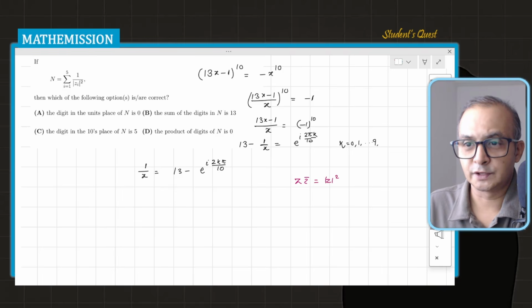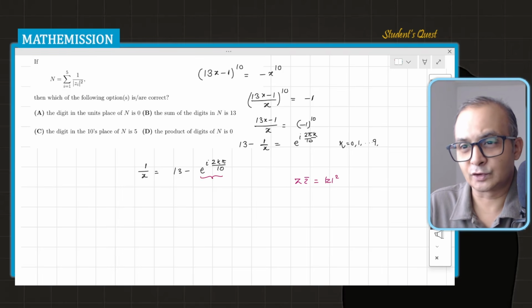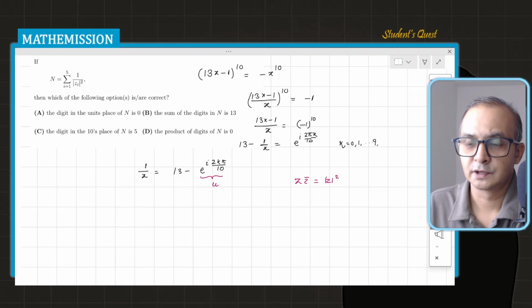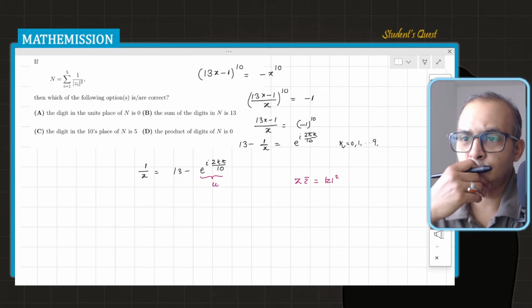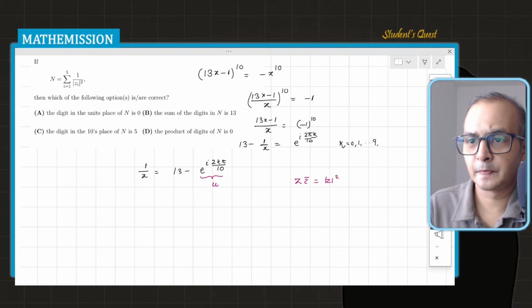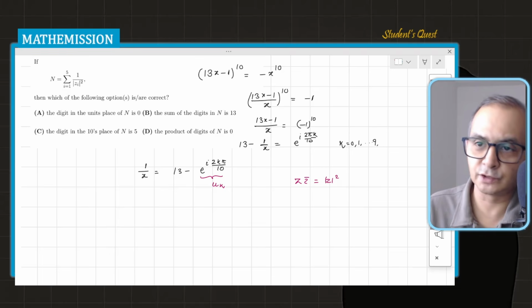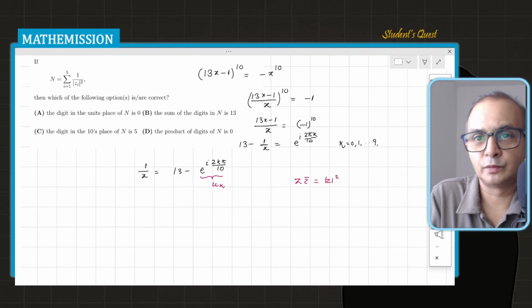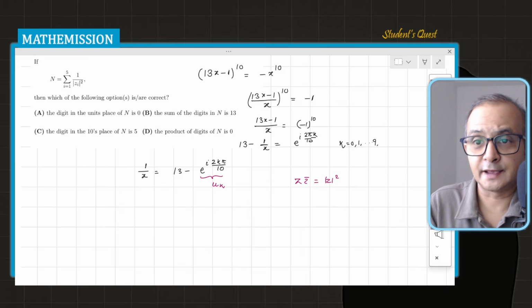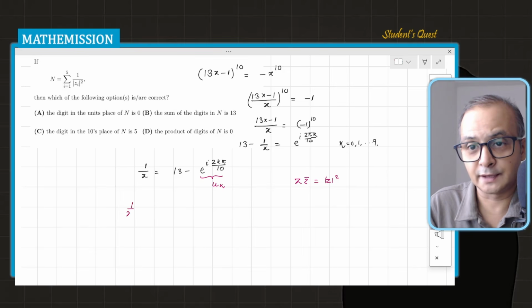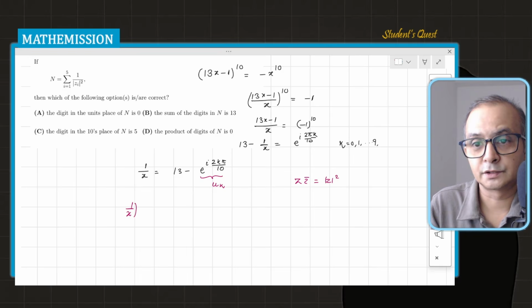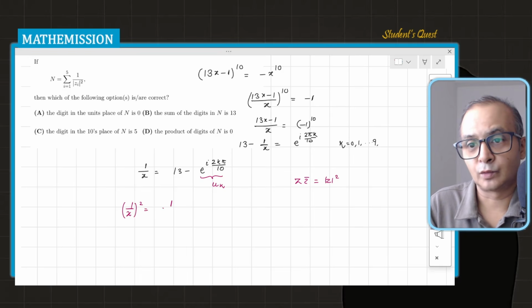If I use this fact, let's take this complex number as u, and actually here there's a k, so let's say uk. When k is equal to 0, that will give you the corresponding value at 0, and so on. So I can find 1 by x squared, which is nothing but 1 by x into 1 by x.